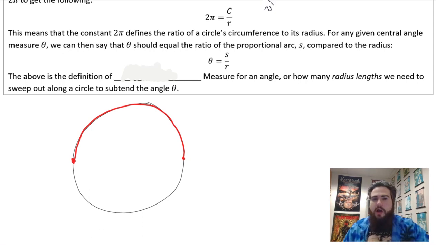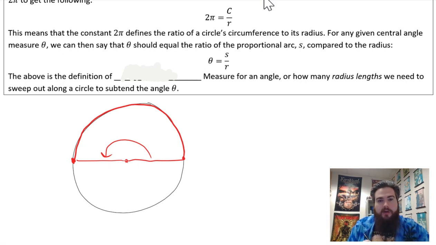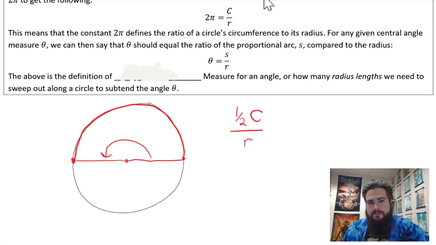Well, that means I have gone now half of the circumference, meaning that whatever this angle measure is can be thought about as the ratio of 1/2 of the circumference, but the radius has not changed.